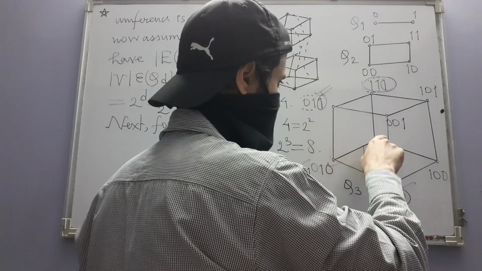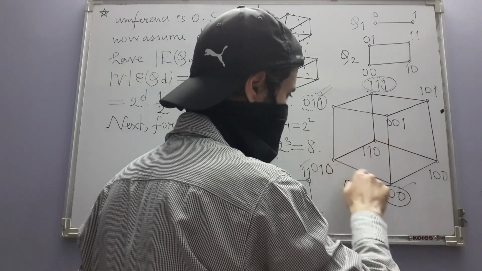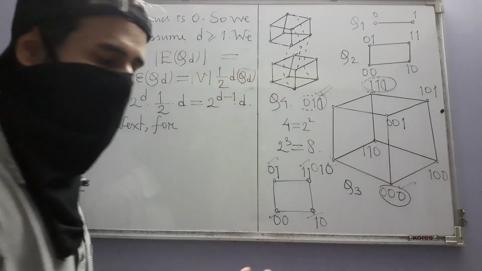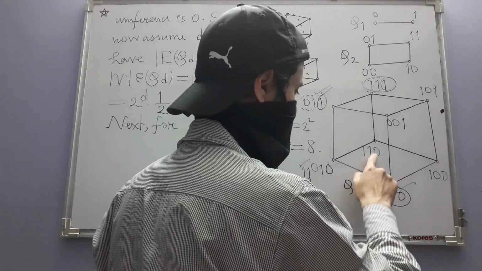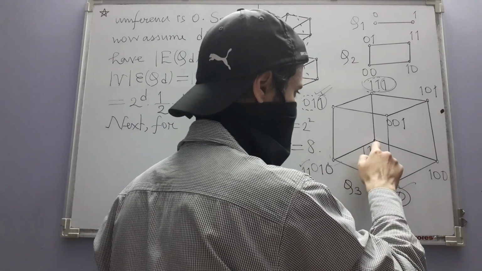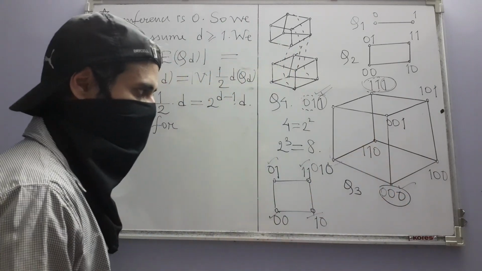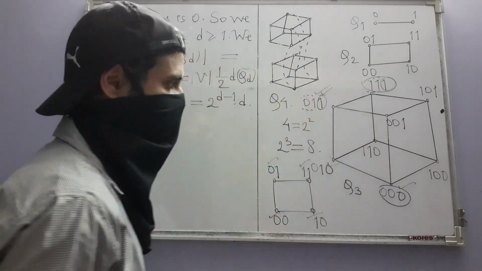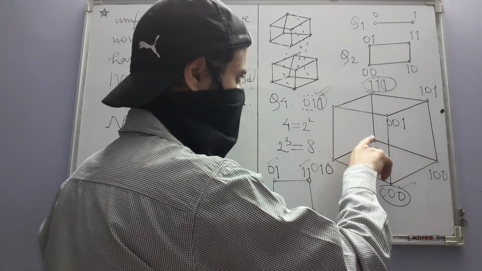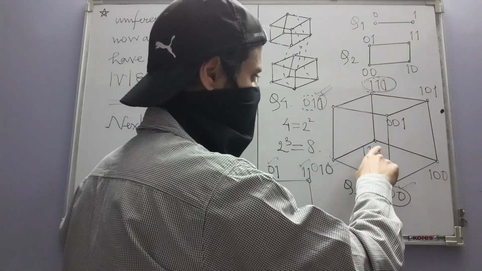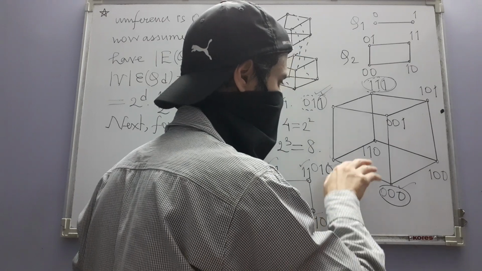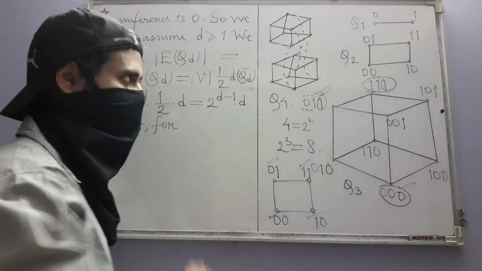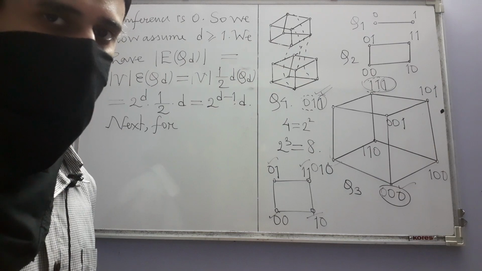If you collect only these 4 vertices in the lower level, just for the sake of understanding, and see what subgraph these 4 vertices are inducing, then that will be Q2 itself. So in the larger graph, you do not get any new edges in any one copy of your lower dimensional cube.